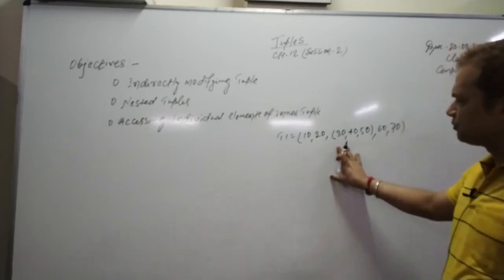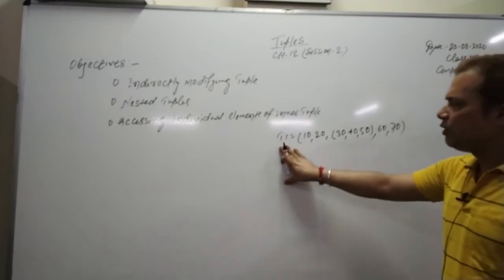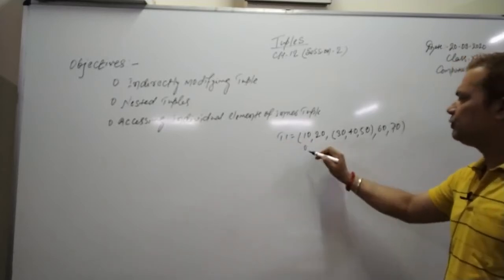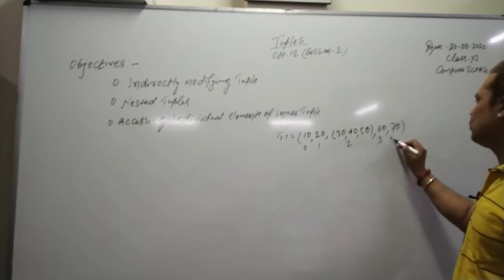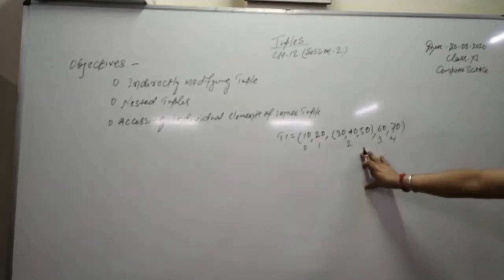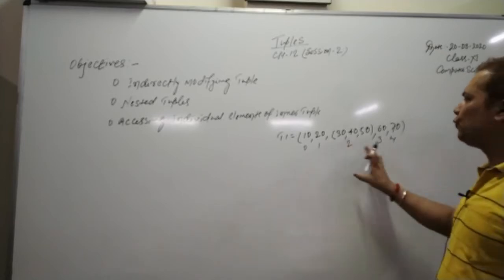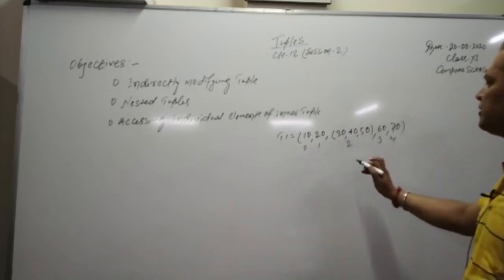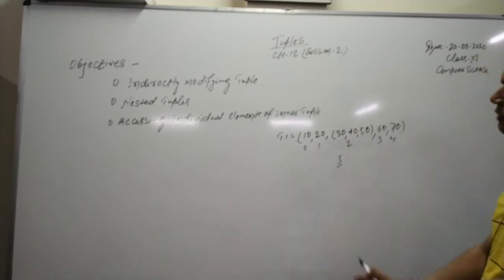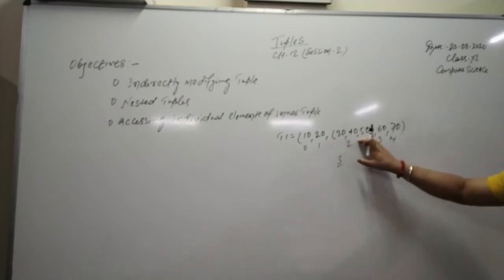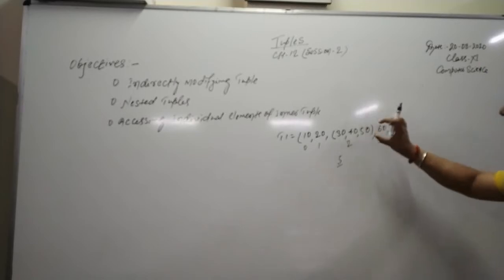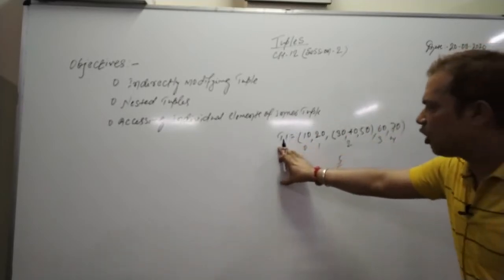Now just see this tuple T1: this is at position 0, this is at position 1, this is the second position, this is the third position, this is the fourth position. So if you see the length of this tuple, it will simply show you 5, as 0 to 4, that is 5 elements. No doubt, isn't it? So 10, 20 and this 30, 40, 50, which itself is a tuple, is an element of T1.